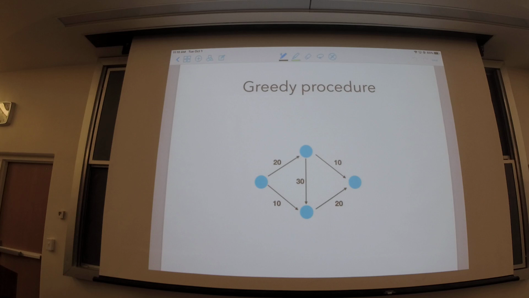Alright, so now let's look at a simple greedy procedure for max flow. So, inspired by what we did before, if you had a graph like this, how would you find the maximum flow? What would be a greedy procedure that you might follow? Take the max edge out of... Take the max edge.